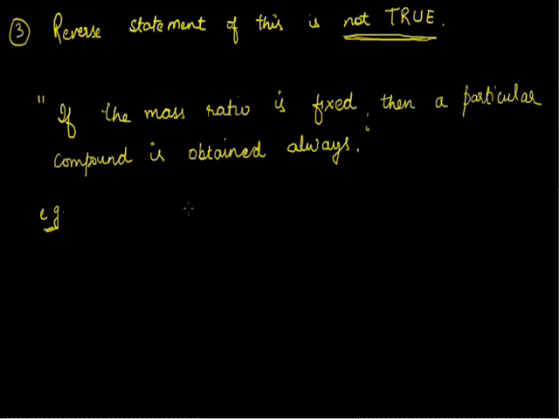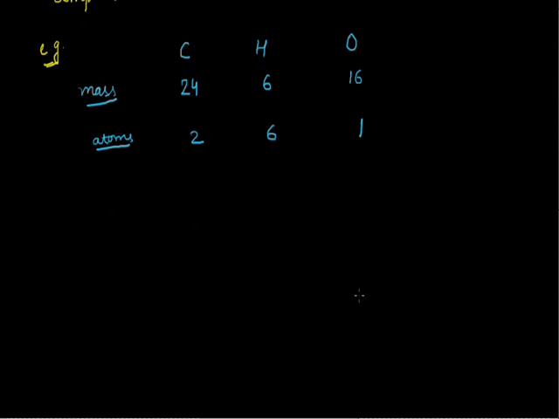Taking an example, suppose we have a hydrocarbon in which carbon mass is 24, hydrogen is 6 and oxygen is 16. It means we have 2 atoms of carbon, 6 atoms of hydrogen and 1 atom of oxygen.